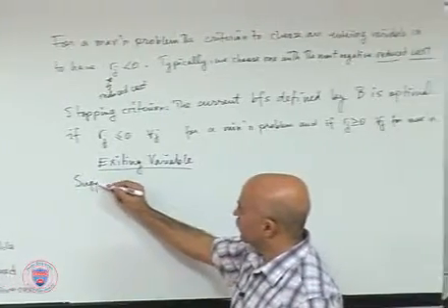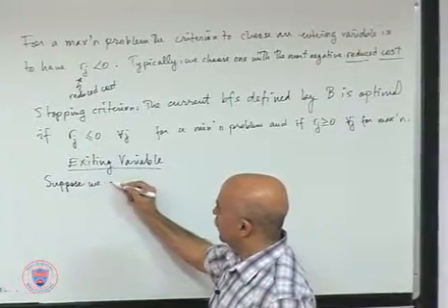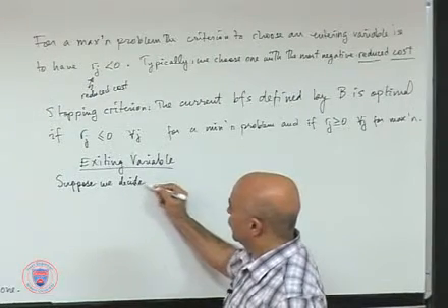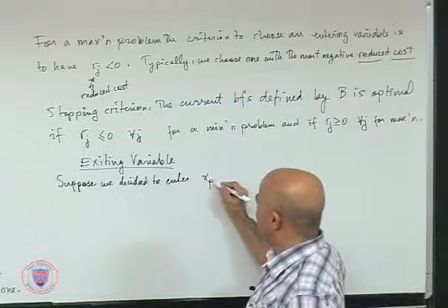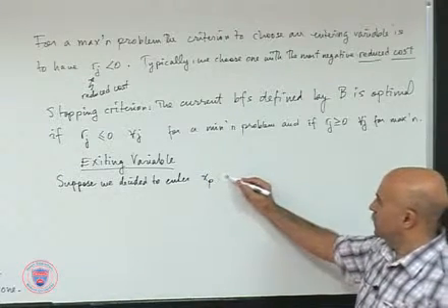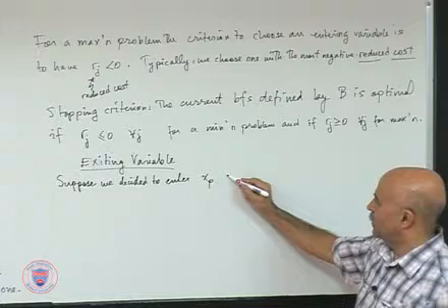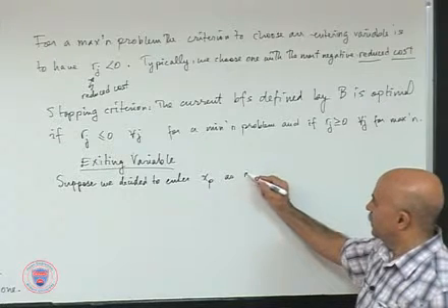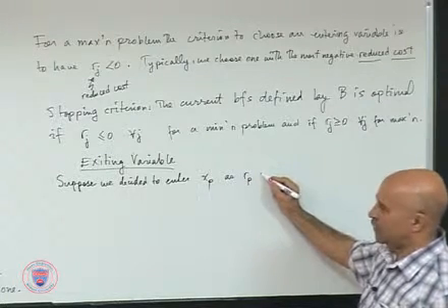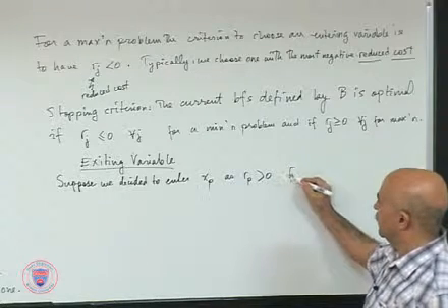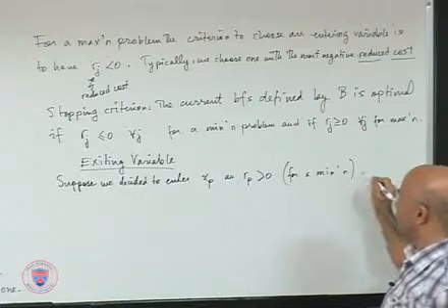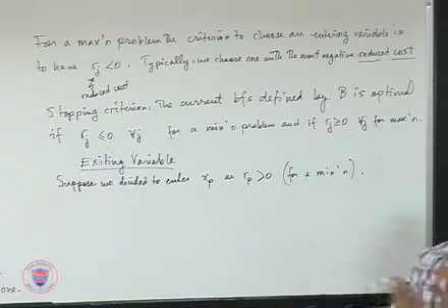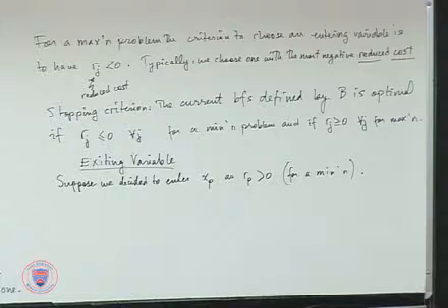Suppose we decided to enter a variable xp as Rp is positive. The initial problem I stated is a minimization problem, so I'm positioning myself relative to the minimization problem.